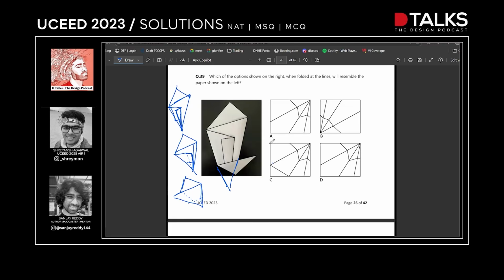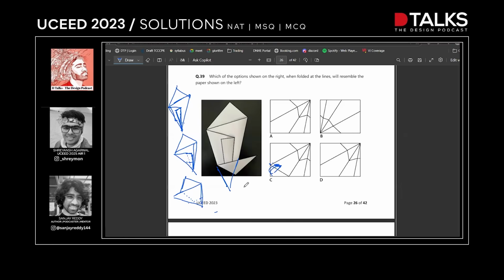We can do this via option elimination. To get this fold, there has to be a singular piece going in. This has to fold in somehow. But if you're able to imagine this properly, it's a complete square, and there are no exactly triangular pieces that are folding inside.